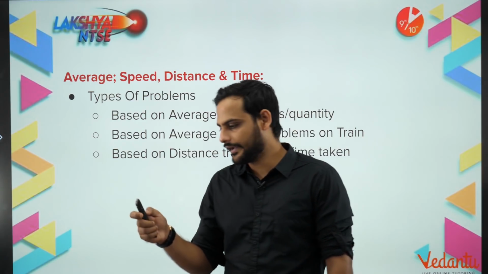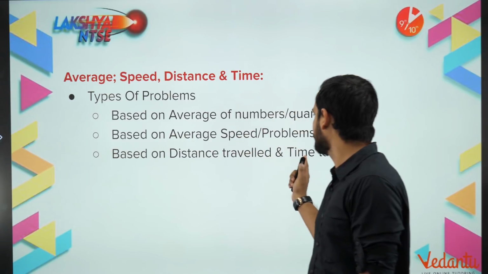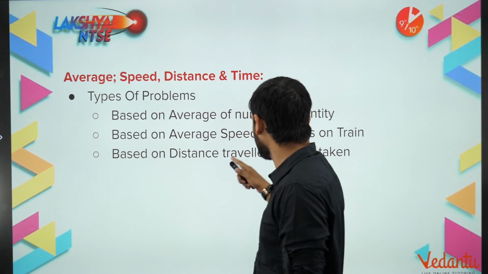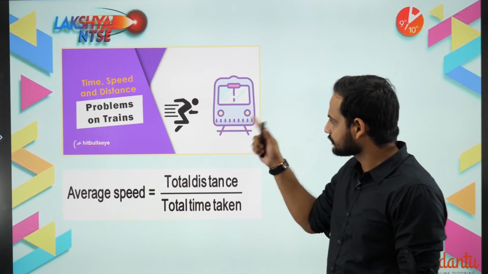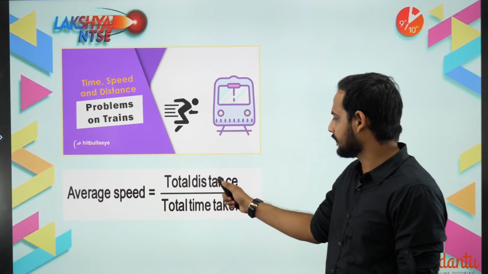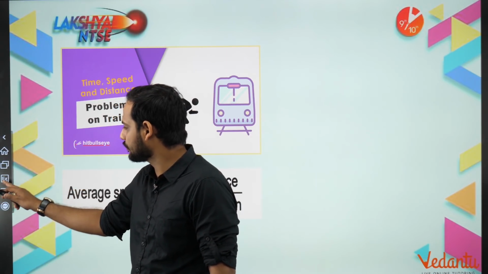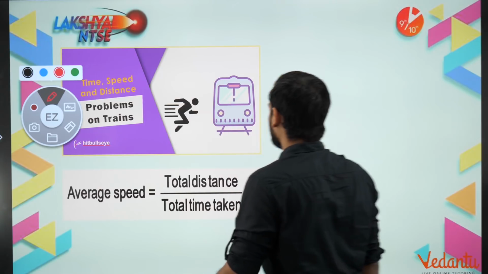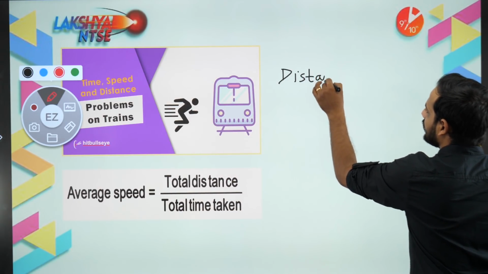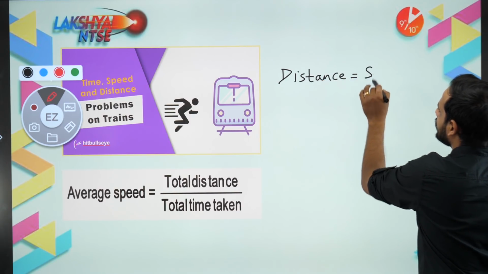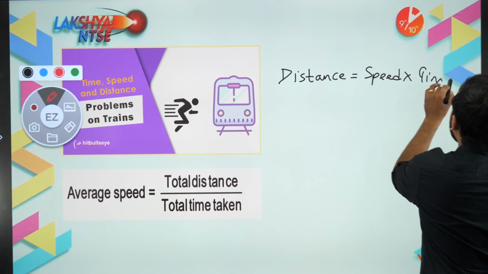So the only formula for these last two topics, average speed problems and problems on train and distance travelled, the only formula you should know is that average speed is equal to total distance upon total time taken. And all of you till now must be knowing that distance is equal to speed into time, right?